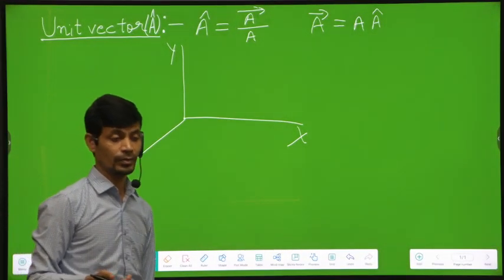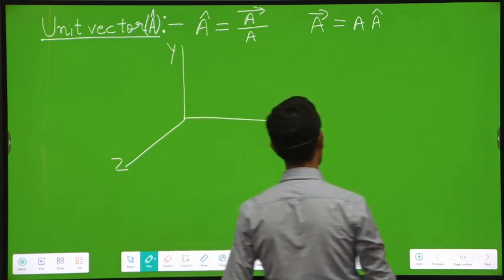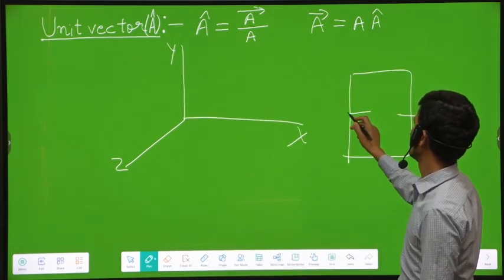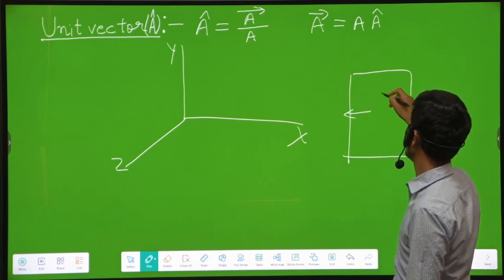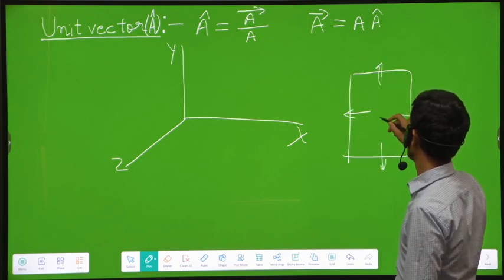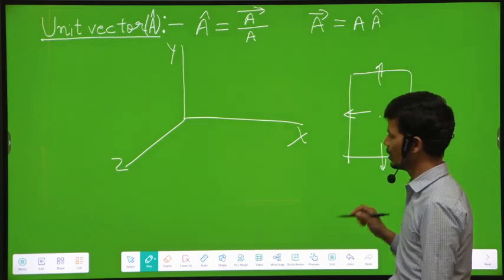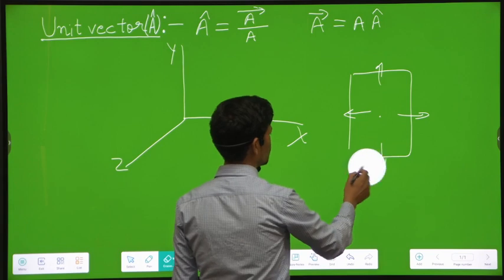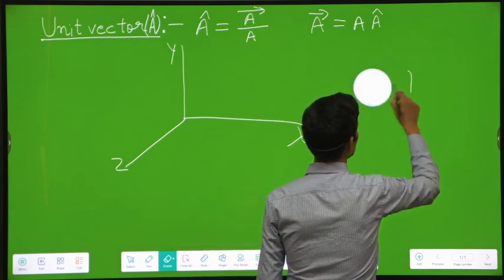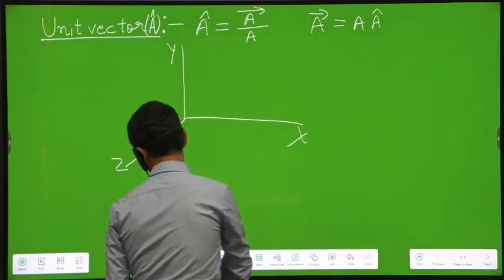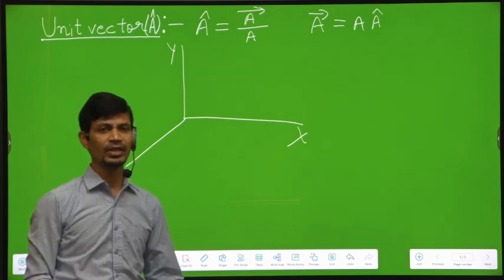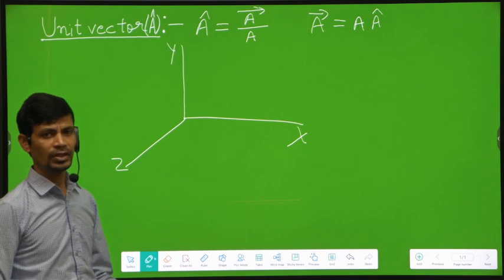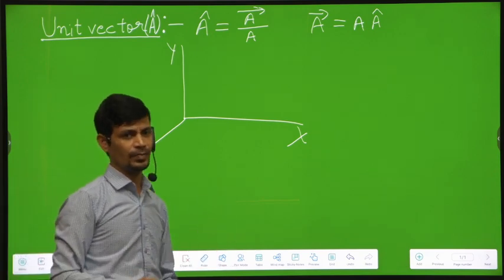Otherwise there are page-wise directions, in the plane of the paper: left, right, up, down, then outward and inward. And if we talk about geographical directions, then up, down, east, west, north, south. But in physics we use the directions associated with coordinates as much as possible.